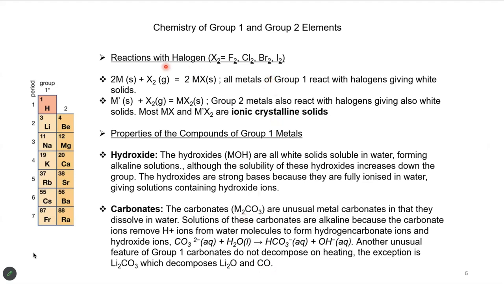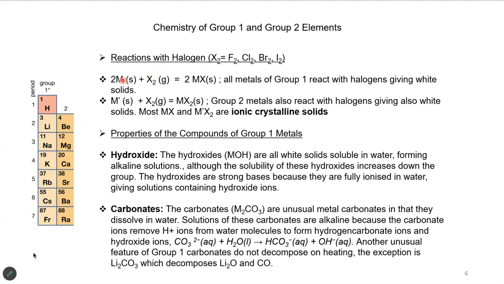Well, the reaction with halogen is what we are talking about. We say this M has valence electron s1, while the valence electrons of the halogen number 7.